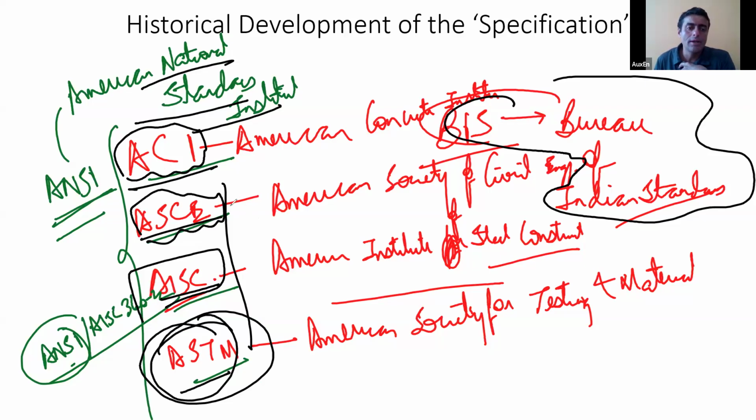Just keep in mind that these are different institutes or bodies which have the role of publishing different sets of standards and codes, and then finally it gets approved or ratified by this central institute. Okay, let's move ahead. So let us have a look at the historical development of this specification.